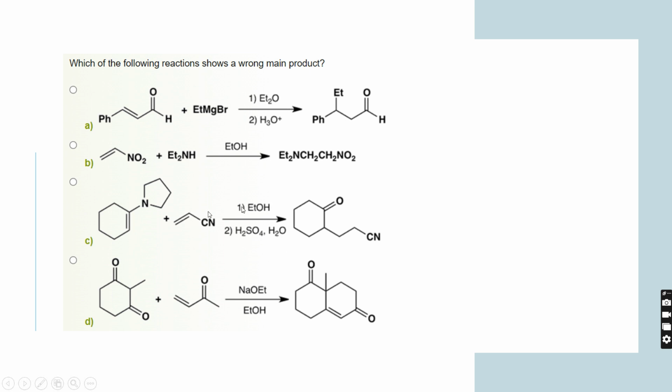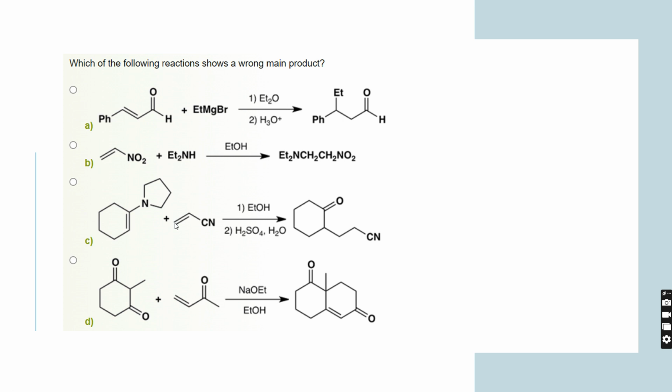So let us focus on the first step first. In the first step, what happens? This nitrogen is going to push its electron pair towards this carbon nitrogen single bond, and thereby this carbon carbon double bond will get attached. It will get added up at this electron deficient carbon center.